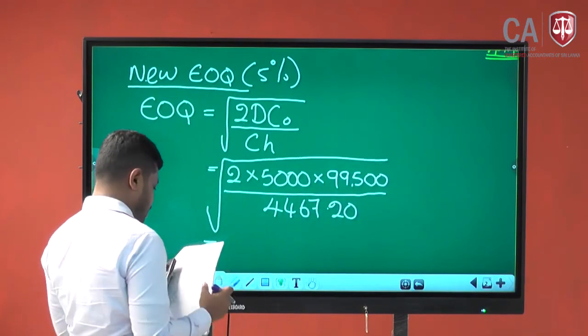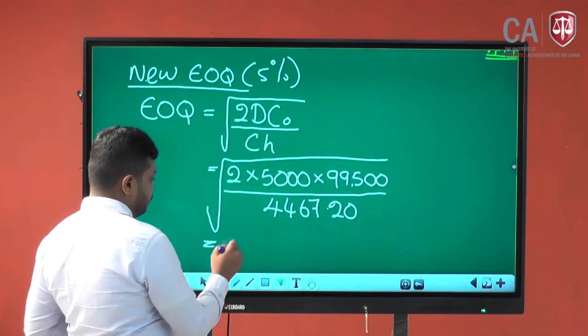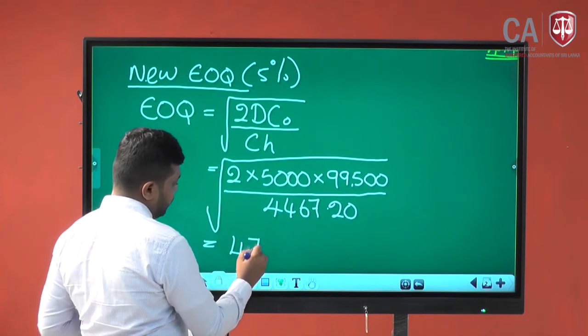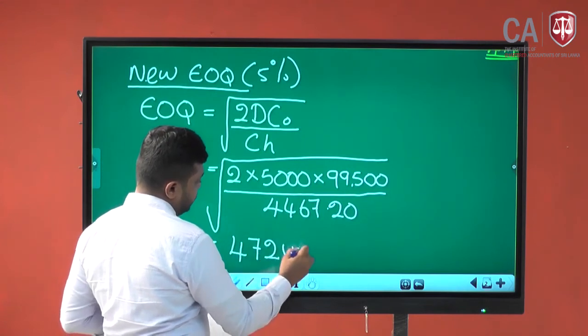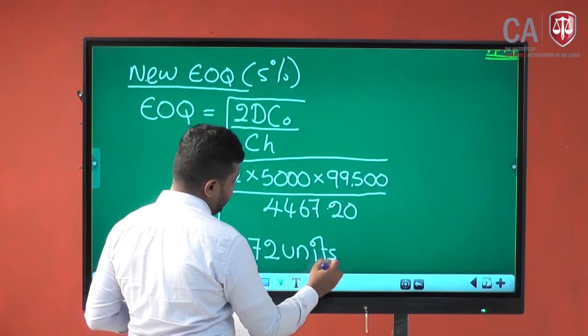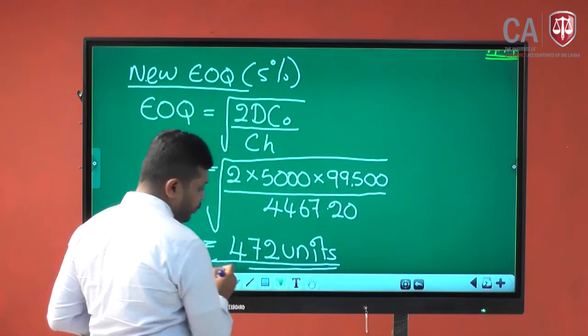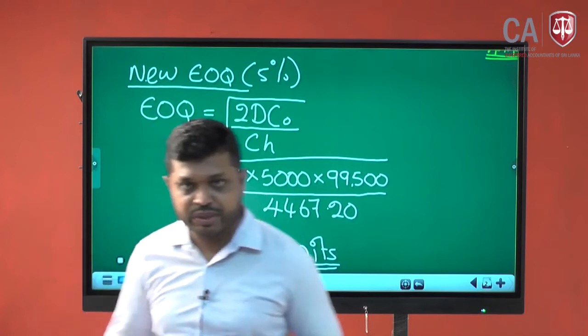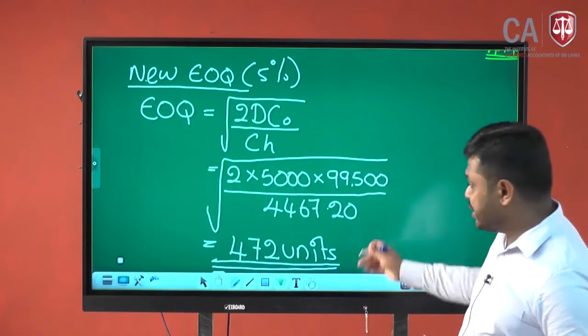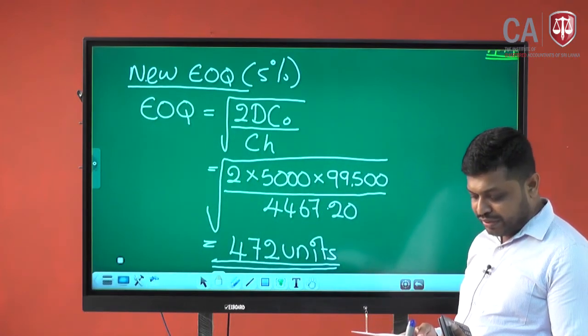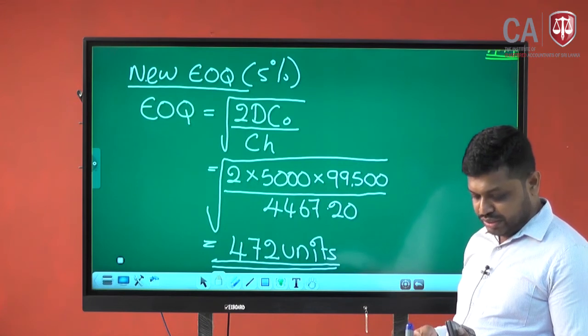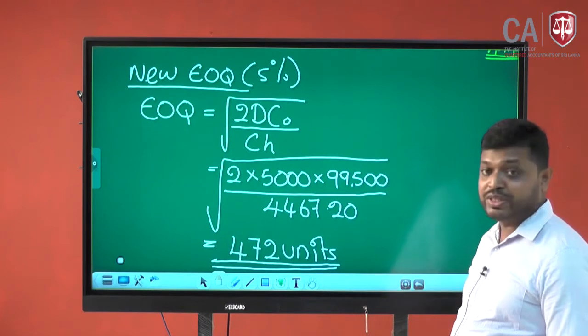The revised answer is 472 units. This is your economic order quantity if you obtain 5% discount, right? At 5% discount you need to order 472 units.